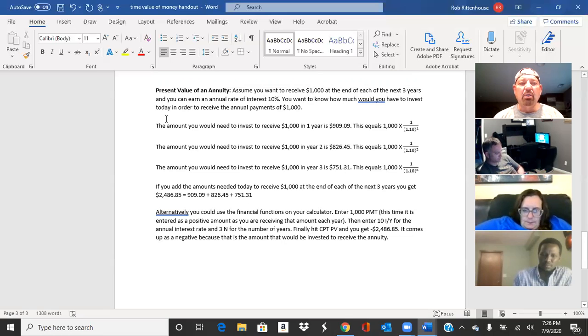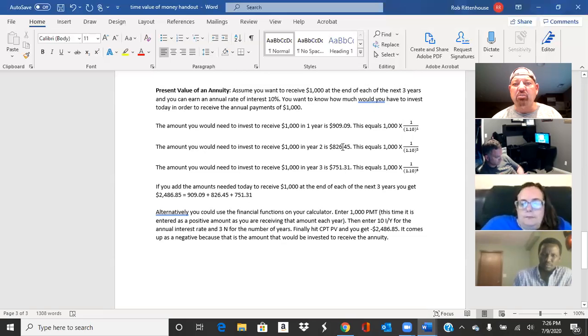So first, the amount you'd need to receive $1,000 in 1 year is $909.09, because remember, we could just take 1,000 times 1 divided by 1 plus the 10% interest rate raised to the first power.